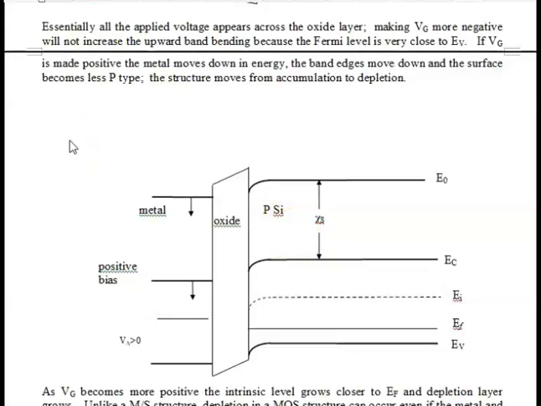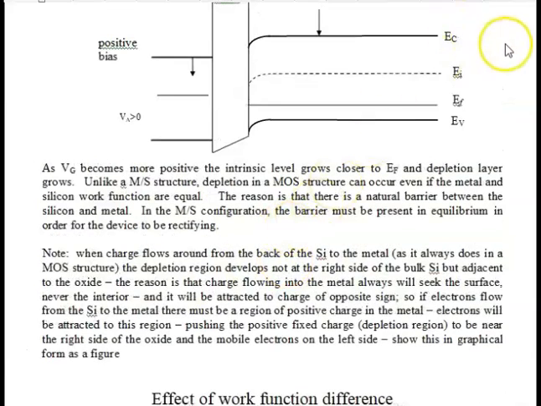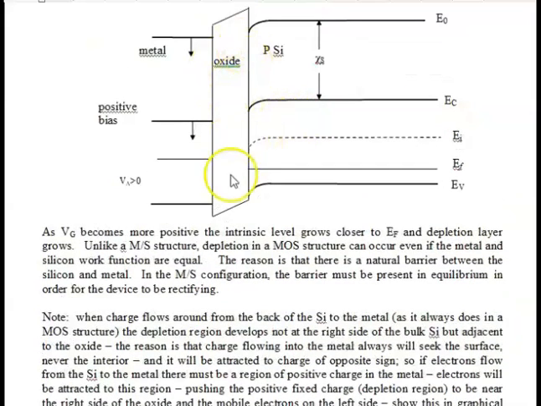Okay, let's trudge on. There's just a little note here that really we have a connection between the back end of the silicon and the metal, and charge always flows from the back end to the metal or vice versa. But this is where the action takes place, because this is where the charge accumulates.